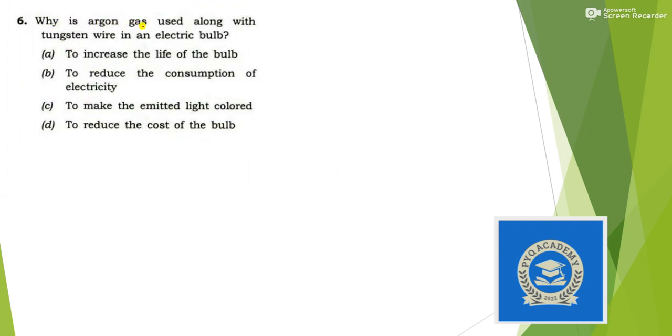Why is argon gas used along with tungsten wire in an electric bulb? Okay, you must have seen the earlier 100-watt bulbs. These 100-watt bulbs used to contain a filament which was made of tungsten, and with tungsten, argon gas was used.